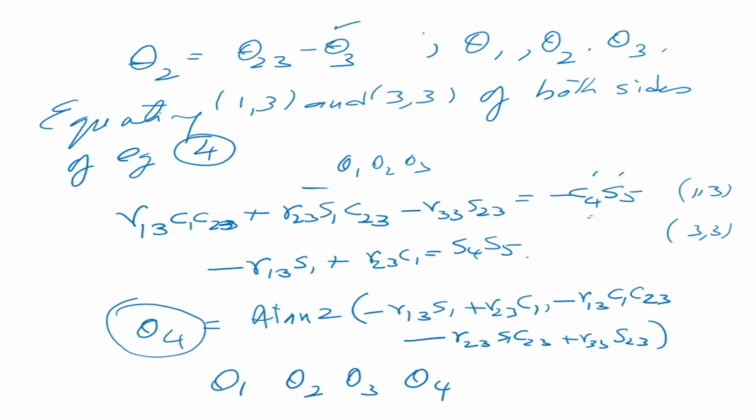Okay, what are we left with? Theta 5 and theta 6. Now again we observe these equations and find that on the right hand side we just keep the variables 5 and 6, and on the left hand side we bring theta 1, theta 2, theta 3, theta 4, because they are all known.